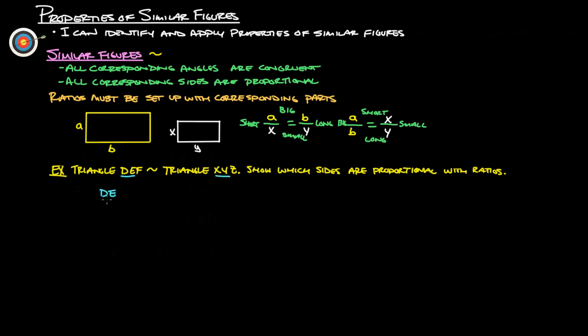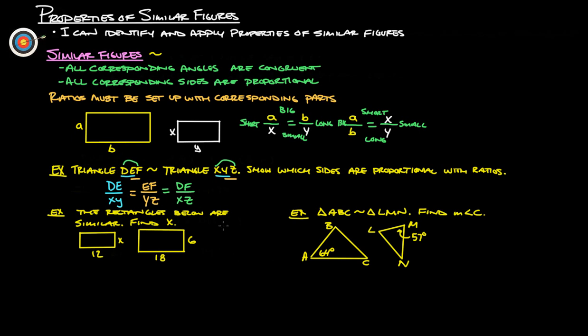So let's do DE is to XY as EF is to YZ, and that should be the same as DF to XZ. So that shows that these triangles are proportional with our ratios here.